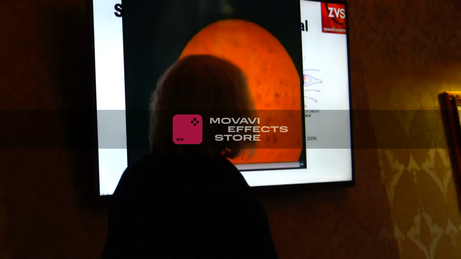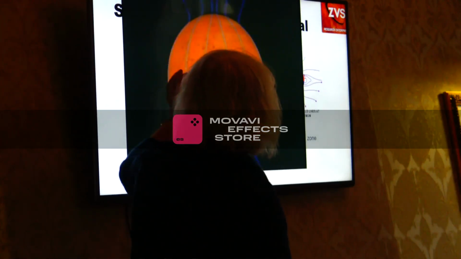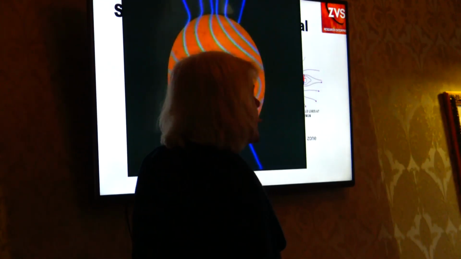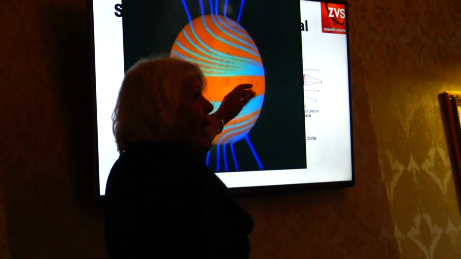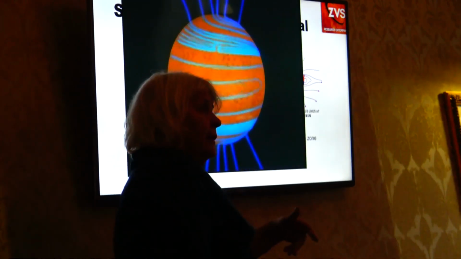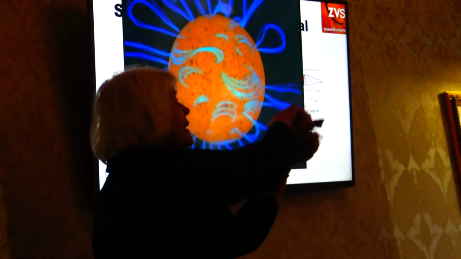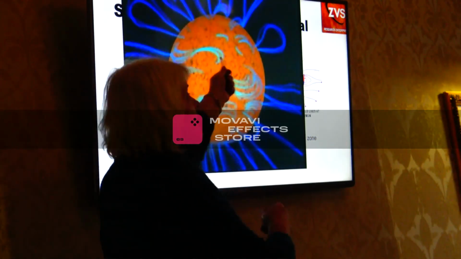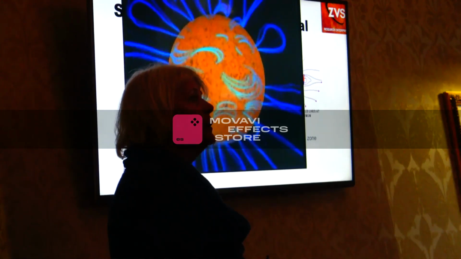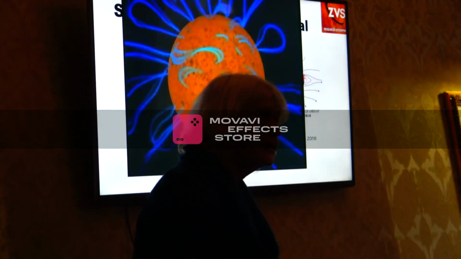So during minimum, this is an empty sun. Then loops appear on the surface, and because the equator rotates quicker than the poles, these loops start twisting and forming active regions. This is called solar dynamo in action.